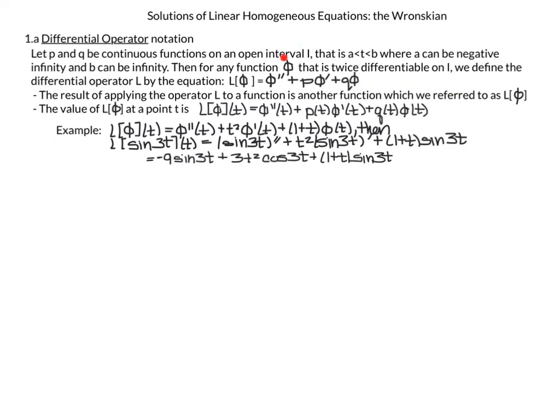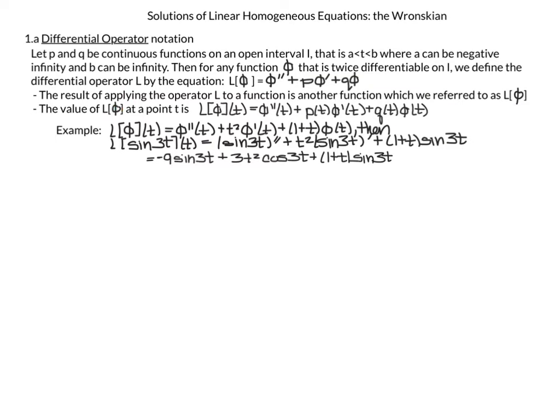Then for any function phi that is twice differentiable on I, we define the linear operator L by the equation L of phi is equal to phi double prime plus P, a function of t, phi prime plus Q, another function of t, times phi. So again, the result of applying the operator L to a function is another function. So you plug in a function phi and you get a different function out. And we refer to this as L of phi.